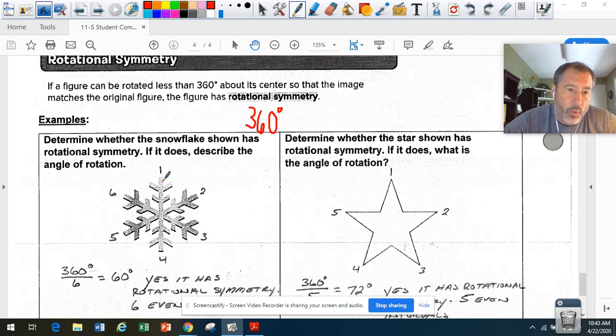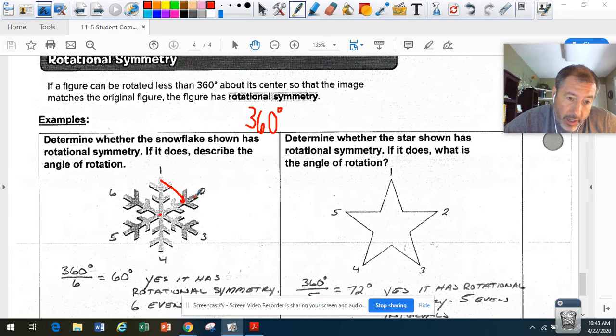If I take 1 and think about it, here's my center right here. It's like a pinwheel. If I rotate this down to here, will this image still look the same? Yes, it will. That means this 6 side is going to rotate up and it will still look identical to the original.